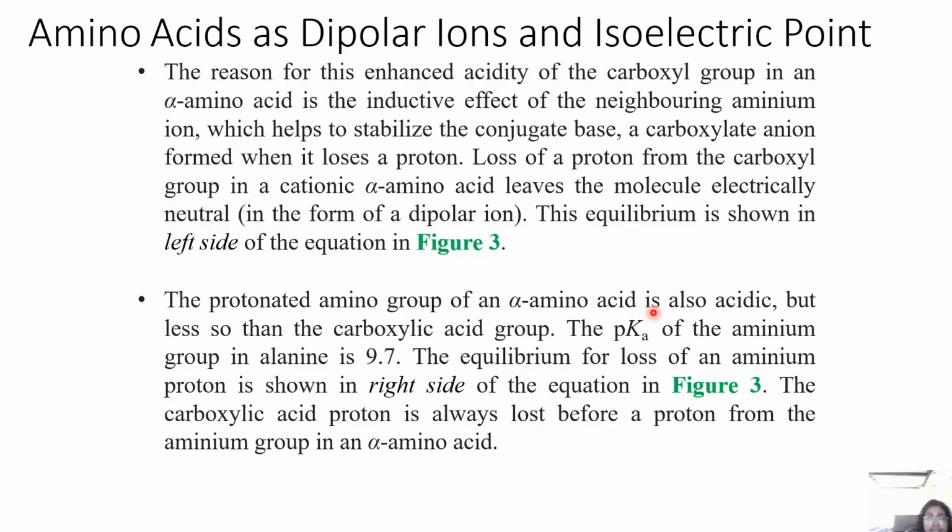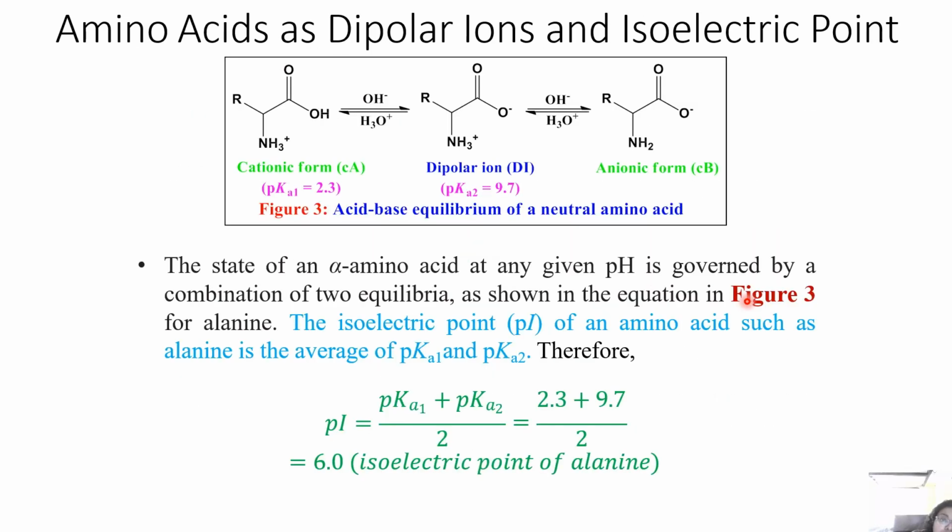The protonated amino group of an alpha amino acid is also acidic, but less so than the carboxylic acid group. The pKa of the aminium group in alanine is 9.7, and the equilibrium for loss of an aminium proton is shown on the right side of this equation. The carboxylic acid proton is always lost before a proton from the aminium group in an alpha amino acid.